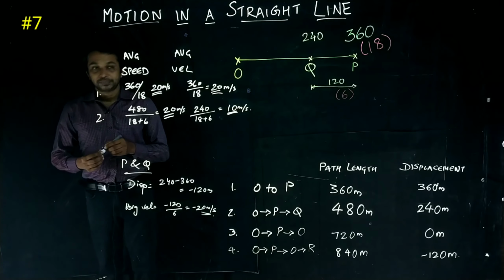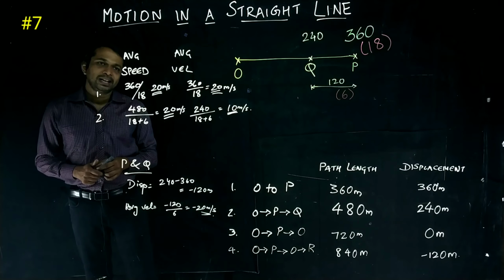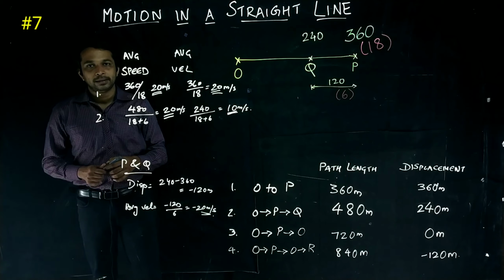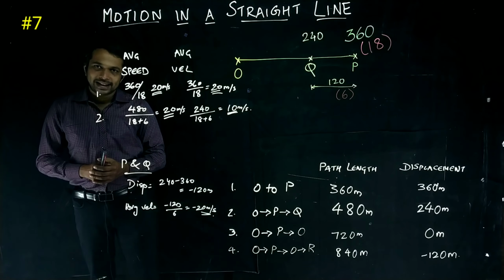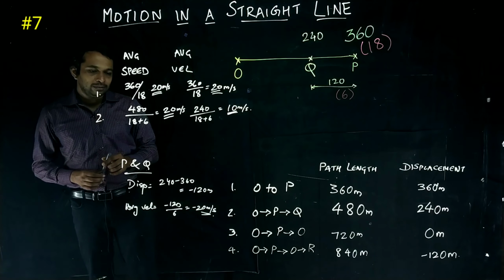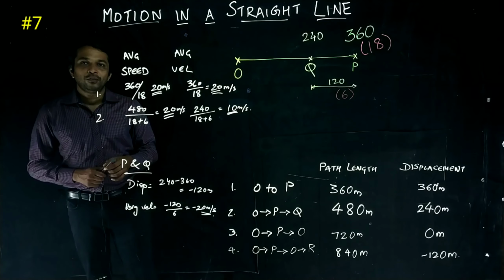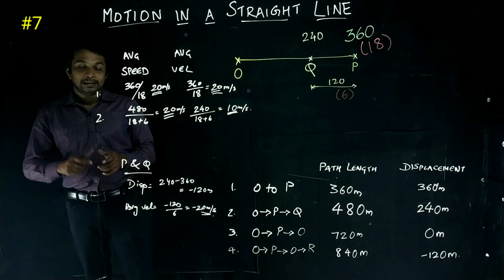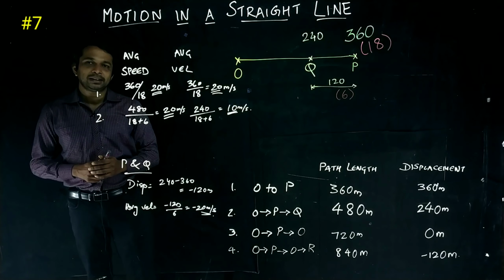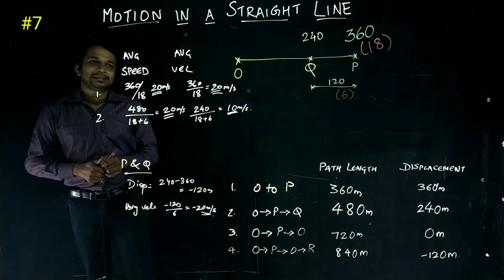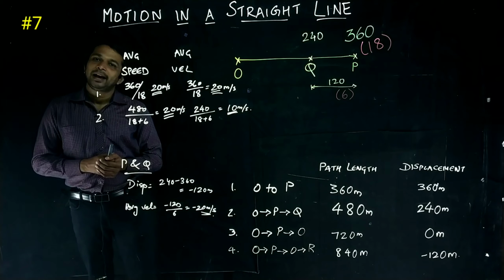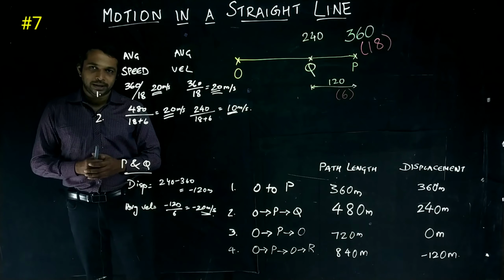Which means, just like displacement, average velocity is also a vector quantity, while average speed is always a scalar quantity. And you cannot have average velocity greater than average speed. Just like displacement cannot be greater than the path length, average velocity also cannot be greater than average speed.